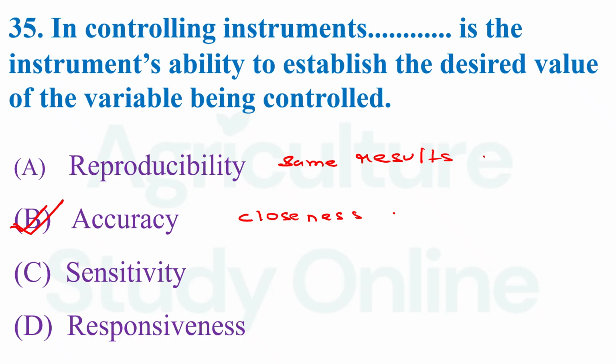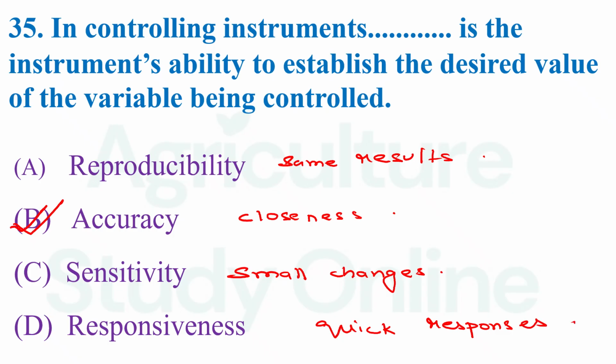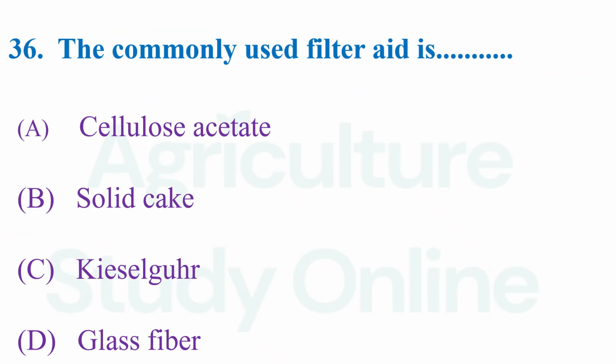Sensitivity is the ability to detect small changes. And responsiveness means how quickly the instrument responds. So correct option is B, that is accuracy.